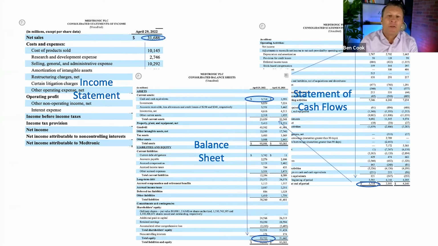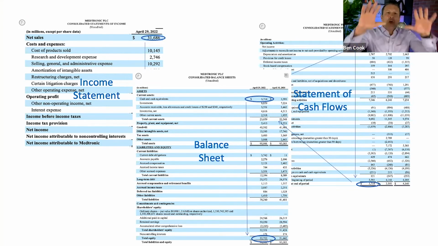Then it walks through all the liabilities it incurs, and it takes its assets minus its liabilities, and it ends with equity, or what shareholders could lay claim to. If they sold all the assets at the current value and backed out all the liabilities they had to pay to those they owed, how much is left over is what shareholders would lay claim to, which is what they call shareholders' equity. And you can see Medtronic had about 53 billion in shareholders' equity, or what they also call book value.